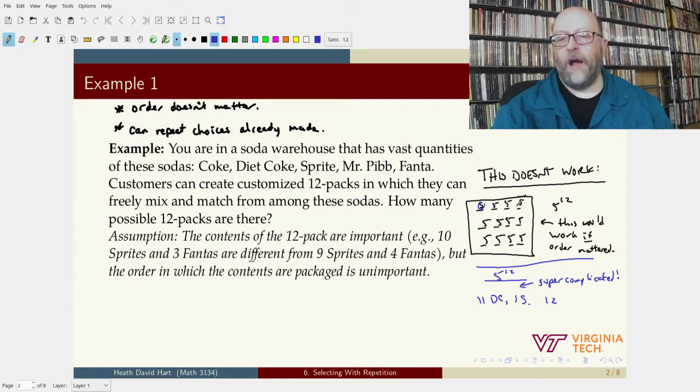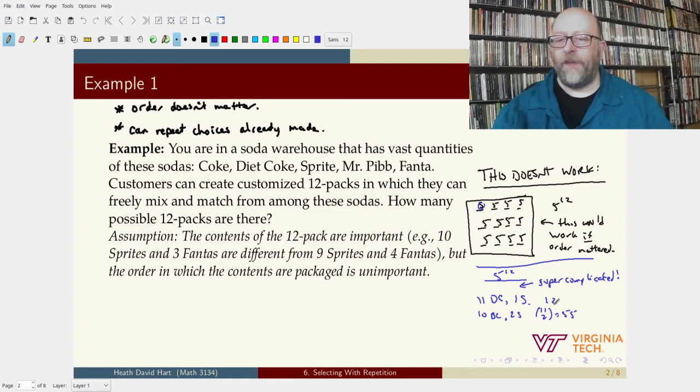And once we've chosen which spot the Sprite goes in, the Diet Cokes would go in the rest of the spots. But if my arrangement consisted of, say, 10 Diet Cokes and 2 Sprites, then there are 11 choose 2, which is 55 different ways of placing 2 Sprites in here.